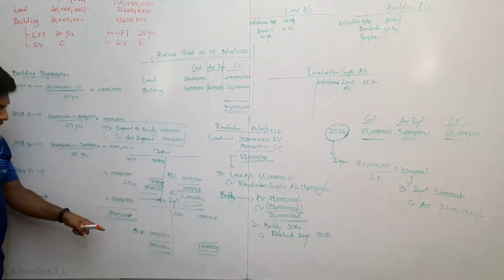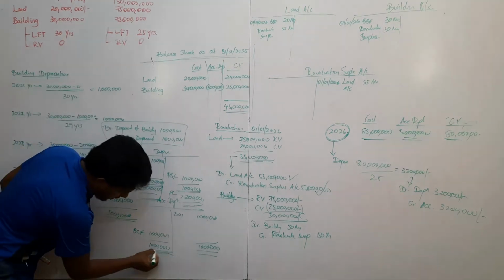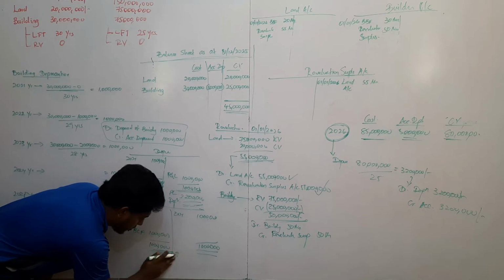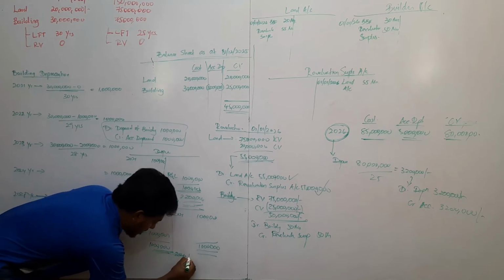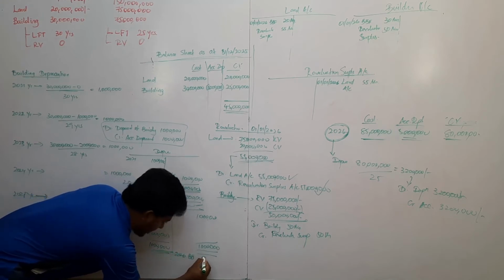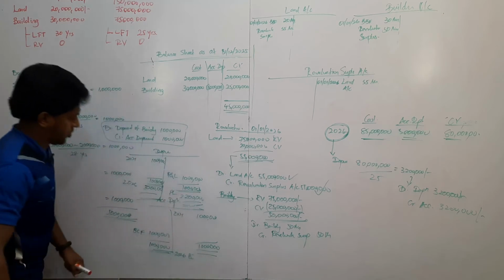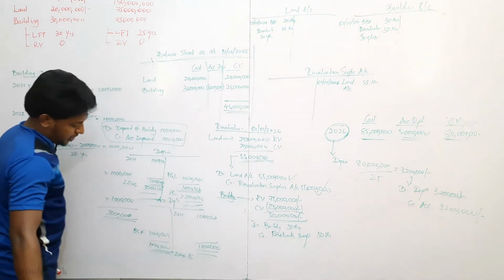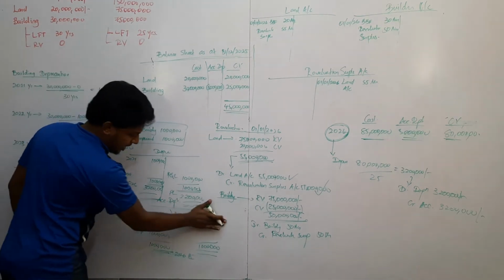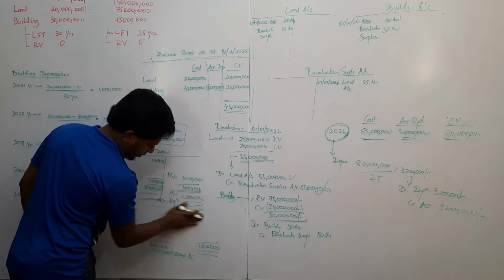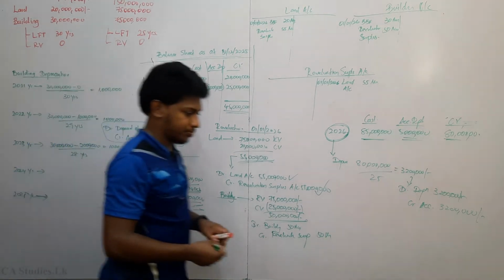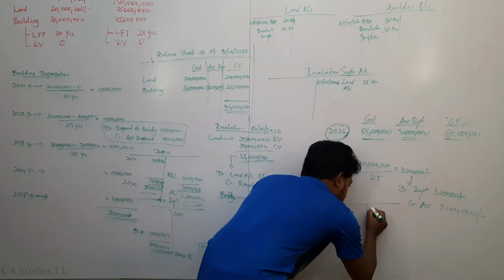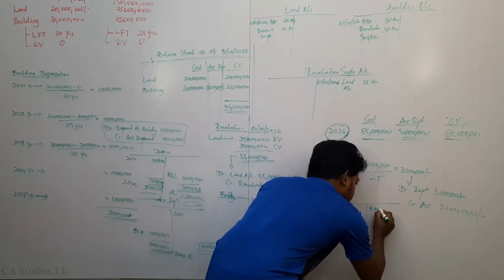Right? Now take down the accumulated depreciation here. The balance brought forward after 5 years of accumulated depreciation is 5 million.